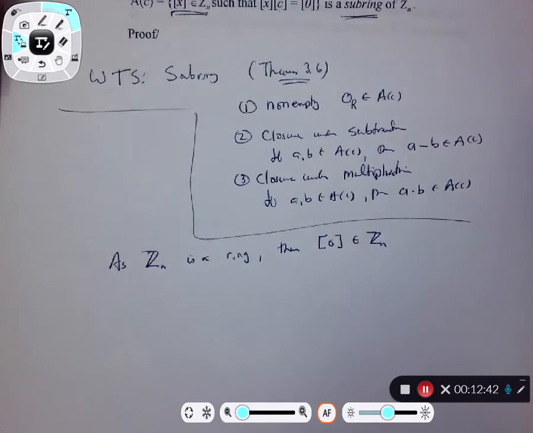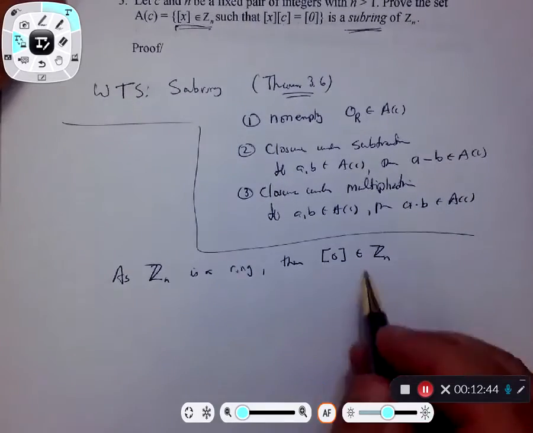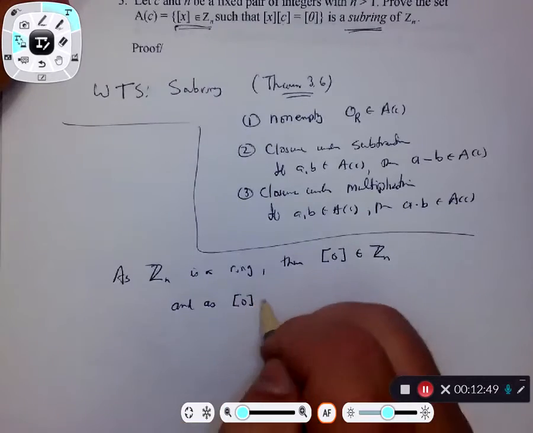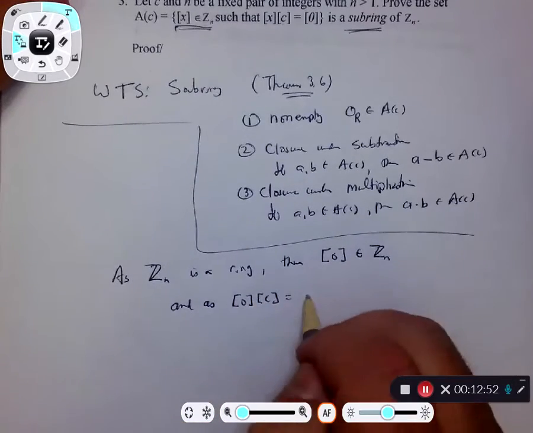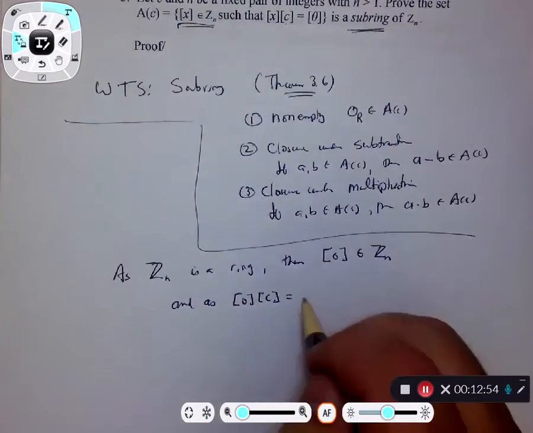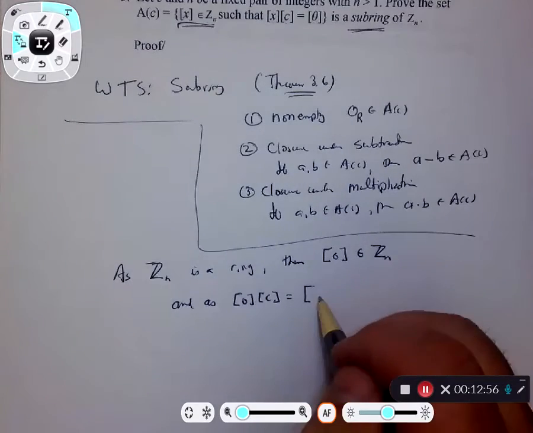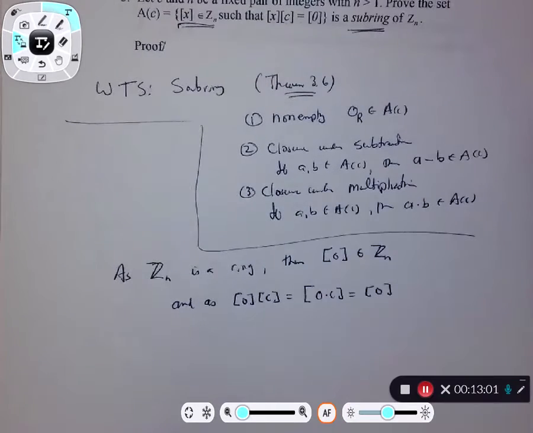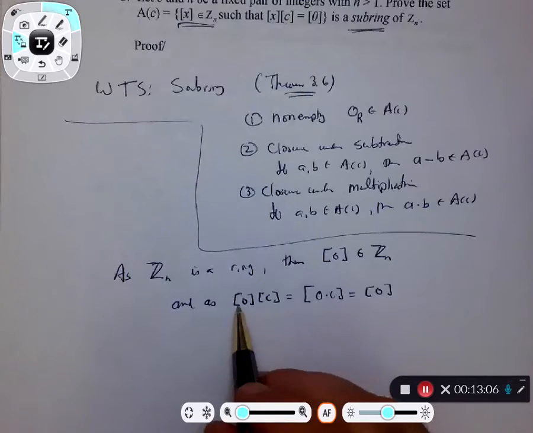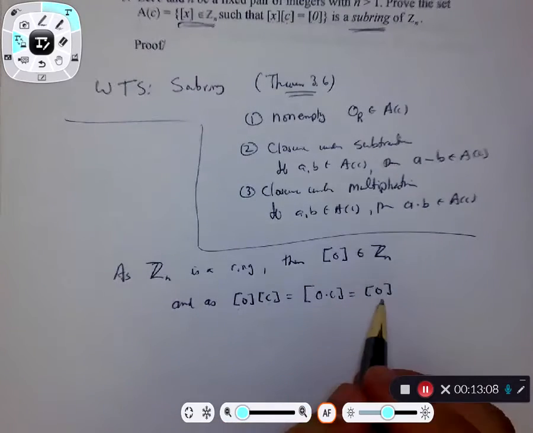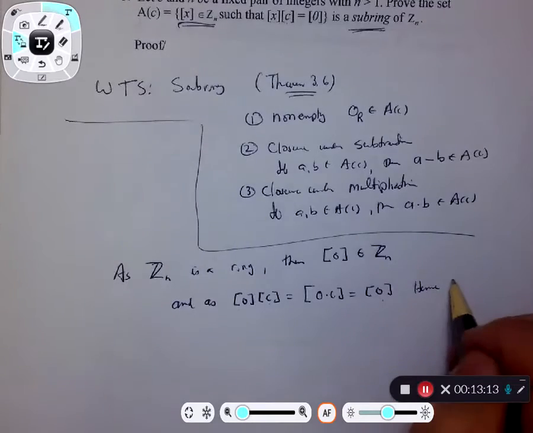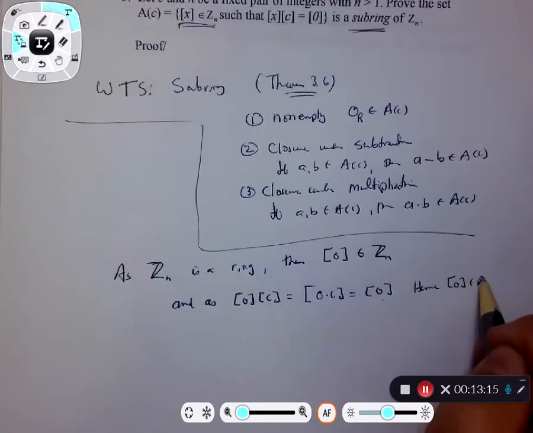And how do you multiply equivalence classes? You put one big bracket around it: 0 times C, which is equal to 0. So the 0 equivalence class times the C equivalence class is back to the 0 equivalence class. Hence, 0 is an element of A_C.